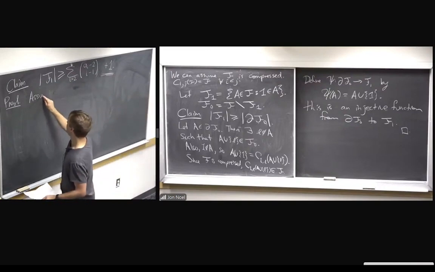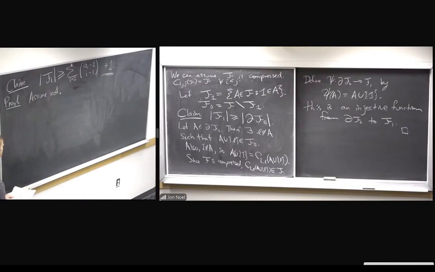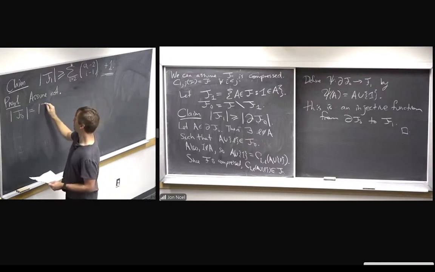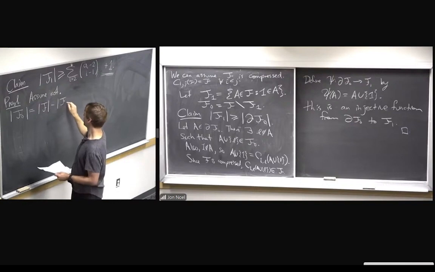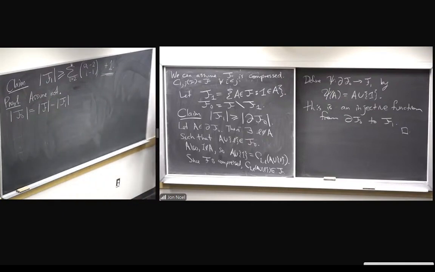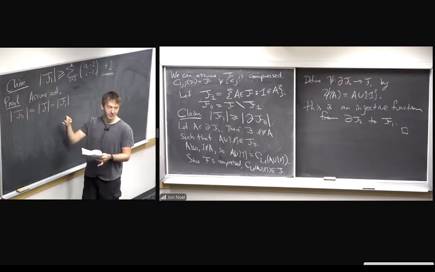So assume not. So then, we're now assuming F1 is small, so it's at most this sum. F naught is the same as taking everything minus F1. Actually, we have an exact formula for the size of F in terms of some binomial coefficients.